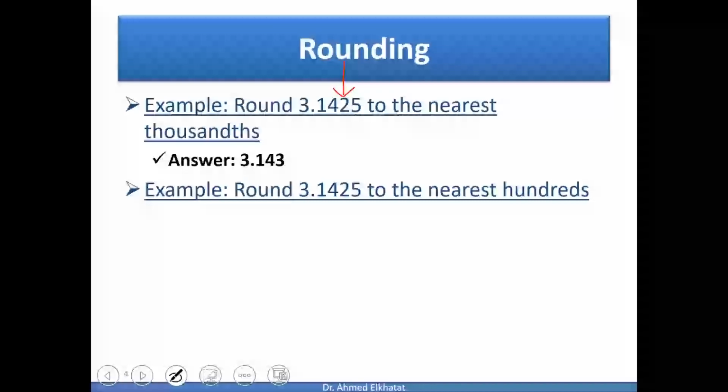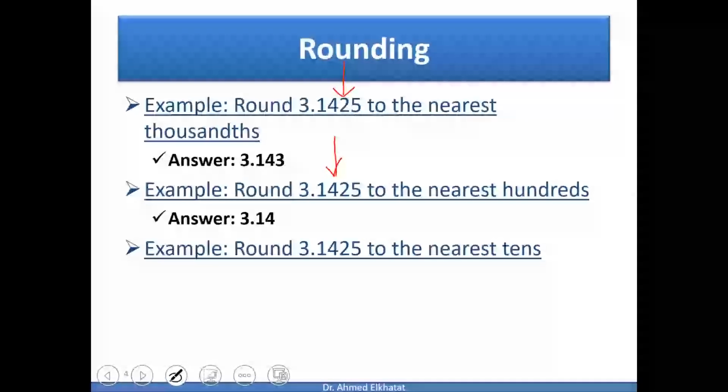Now another example. Round this number to the nearest hundredth. What does it mean by hundredth? We should keep this decimal digit. So check 2. 2 is less than 5, so it is rounding down. Now we want to round the same number to the nearest tenth.